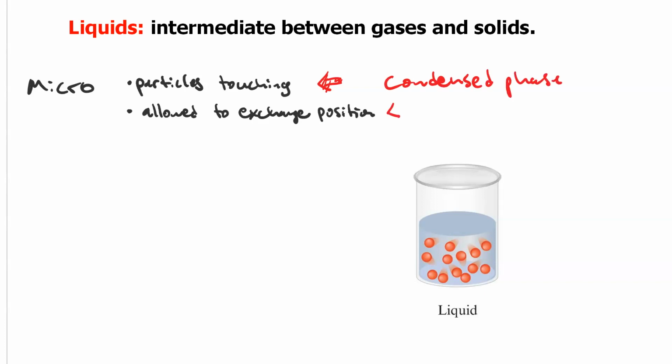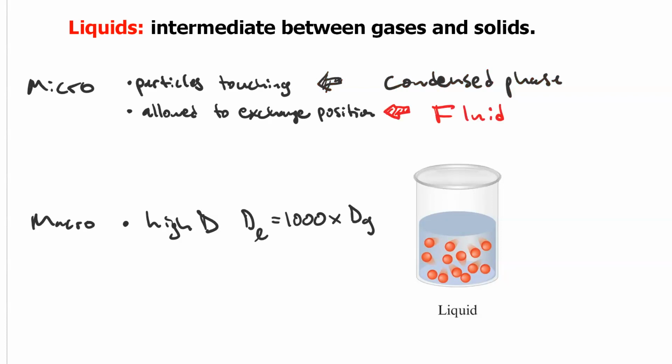But the fact that the particles are allowed to change position, what does that mean on the macro level? So, because the particles are touching and it's a condensed phase, that means it's going to have a high density, right? In other words, the density of the liquid is about equal to 1,000 times the density of a gas, right? That's what it means to be a condensed phase.